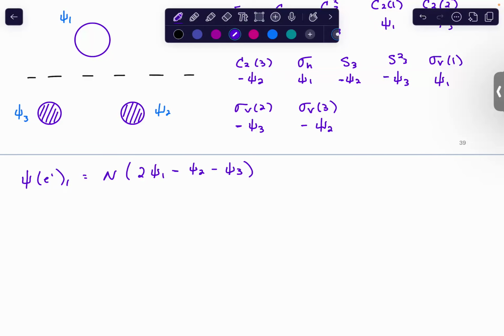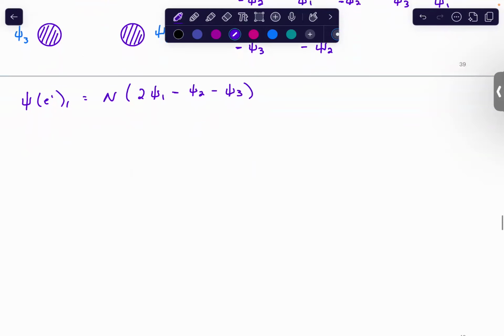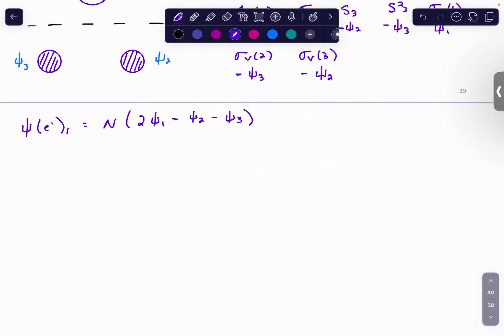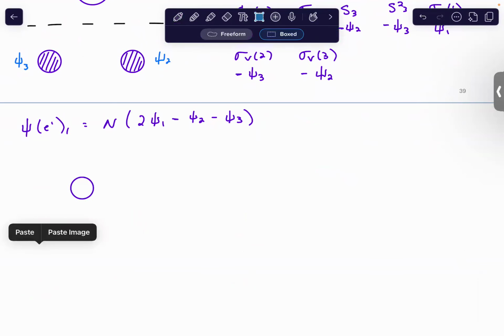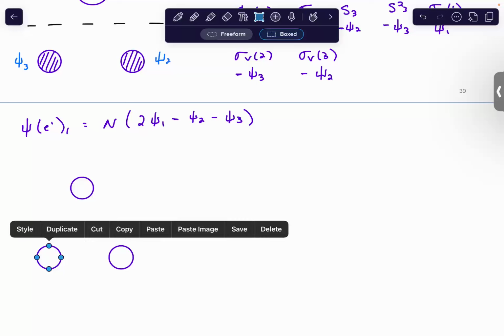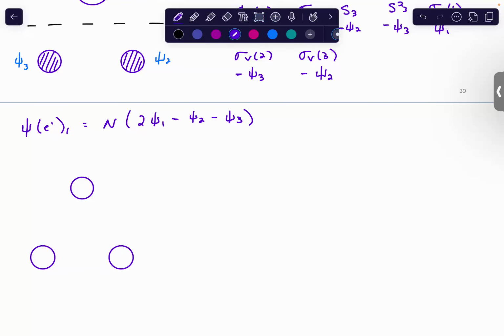Then what we're going to want is a node that goes like this.